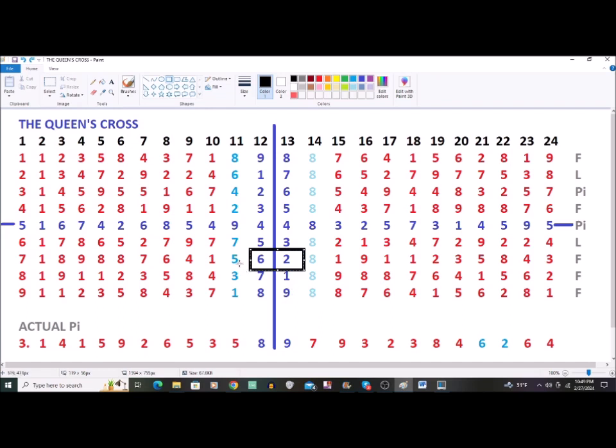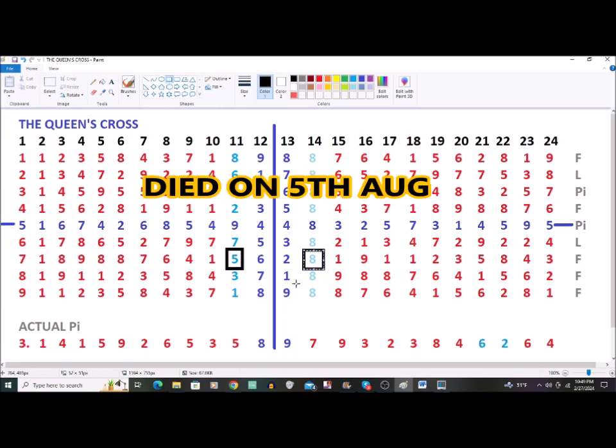And actually, coincidentally, if we were to look at either side of this, I want to say she's born on the 5th of August as well. Or did she die on the 5th of August? I can't remember now. But anyway, it's interesting, isn't it?